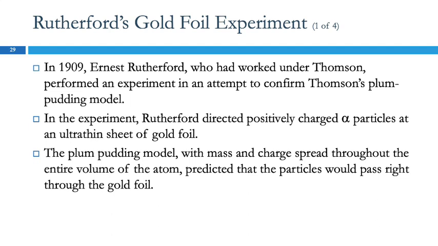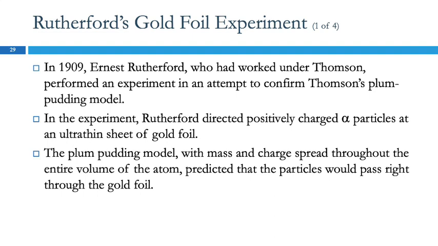So Rutherford was one of Thomson's students, and so he did an experiment in an attempt to confirm Thomson's plum pudding model. It didn't work. Turned out it showed that the plum pudding model was wrong. It's not what he set out to do, but it was a great discovery.